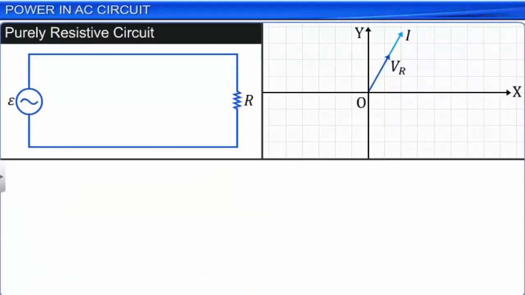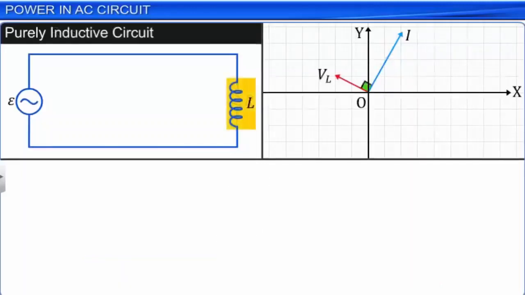In this case, since the phase difference between the AC voltage across the resistor VR and the current I is 0, the value of cos phi is 1. It implies that the power factor is maximum or unity. Hence, power dissipation is the highest in a purely resistive circuit.